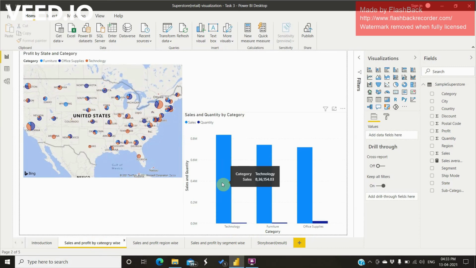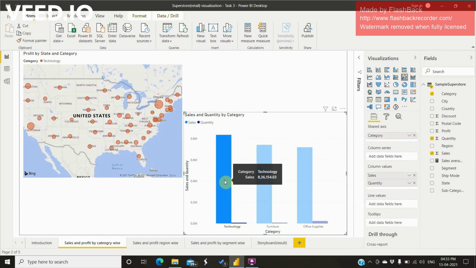First of all, in technology, the sales are 8,36,154, but comparatively the quantity is less compared to other categories. We can see the profit by state according to the category. So for more places in USA, technology gets more profit compared to the other two categories.